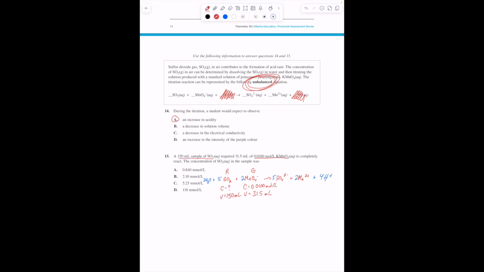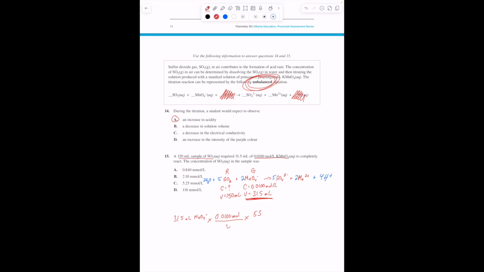Okay, I've done enough stoich in my life as a chemistry student that I know I start with givens and I work my way through to requireds. So I have 31.5 mL of MnO4 negative times 0.0100 moles per liter of MnO4 negative times, I know my next step is required over given.